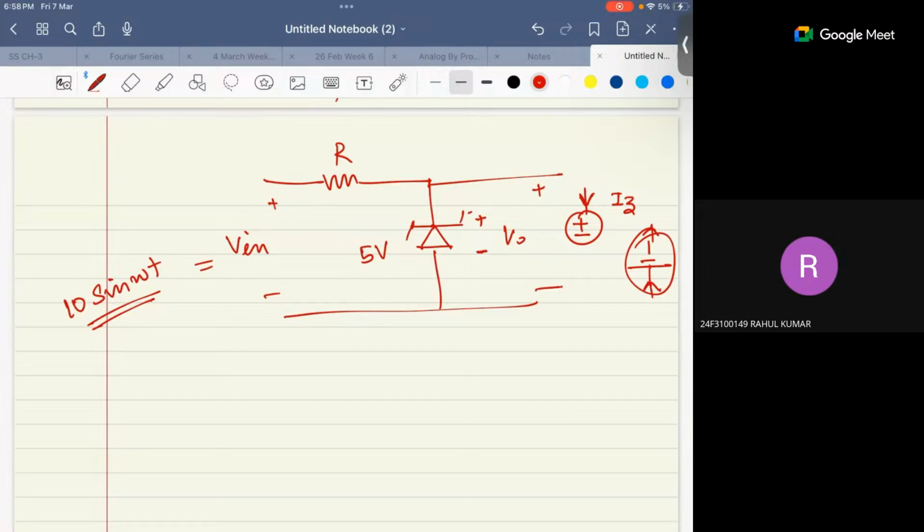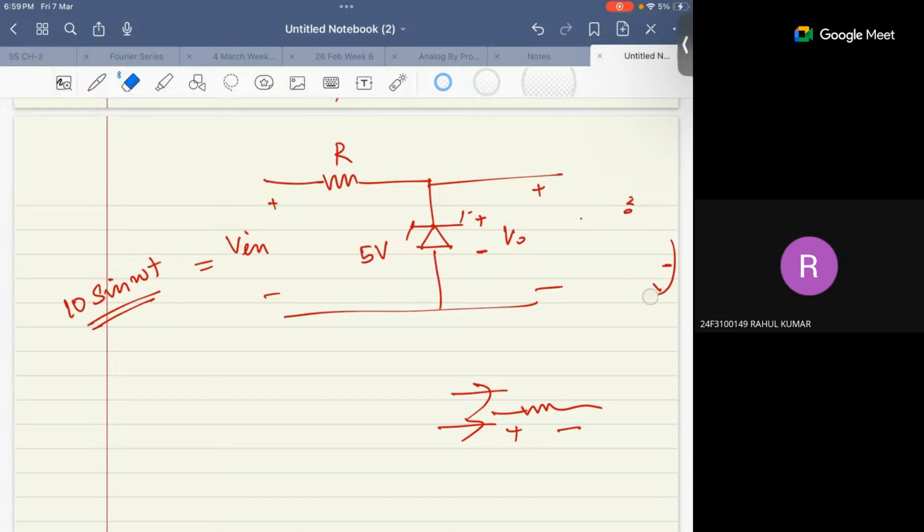When power dissipation happens in a resistance, if a current is passing like this, the current always goes into the positive side if the device is a power dissipating device, or a power consuming device.